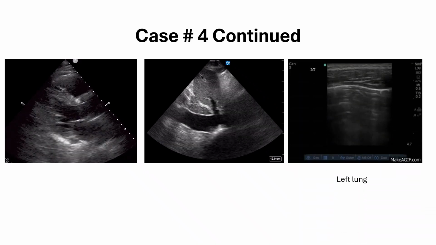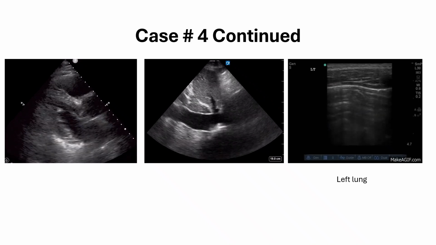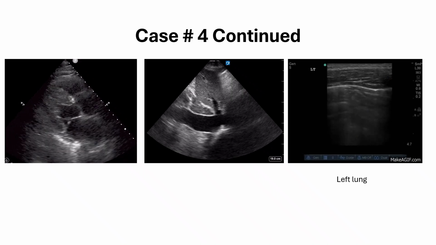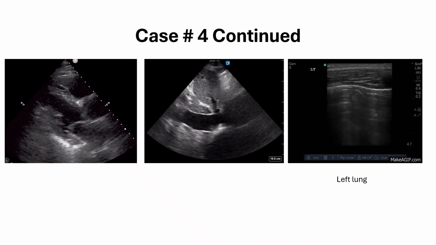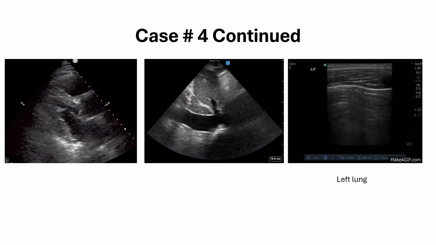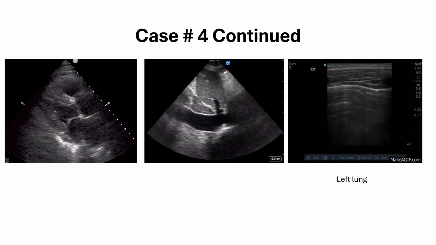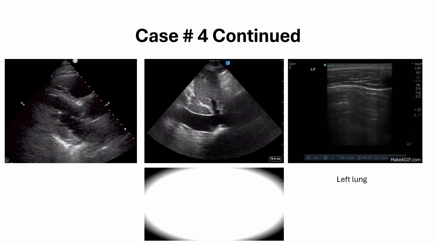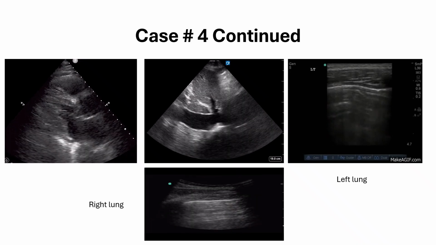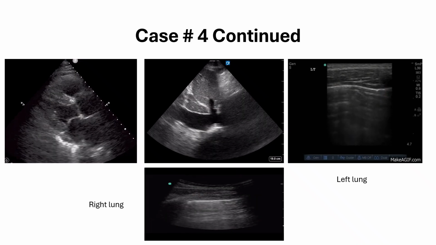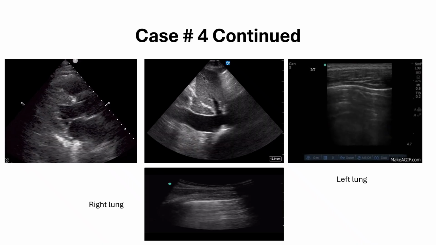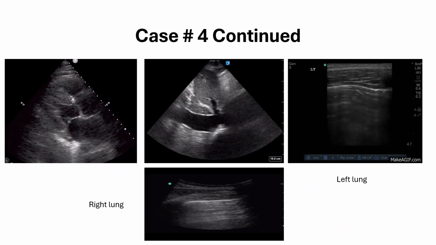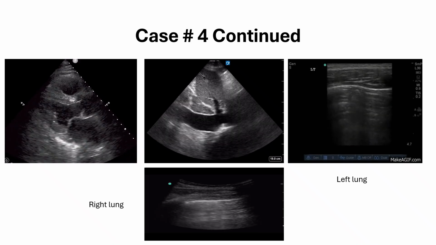Then he decided to do a point of care ultrasound of the patient's lung. This is his left lung. Here you see what we call pleural sliding or pleural shimmering, where you see the pleura move with respiration. And in this particular view, it rules out a pneumothorax. But then you decide to image the right lung. This is what you see. You see some pleural shimmering, but it doesn't seem to extend towards the other rib, and it stops abruptly.